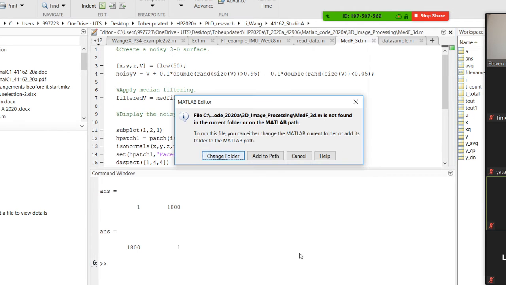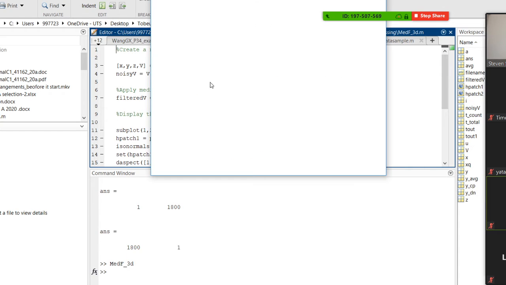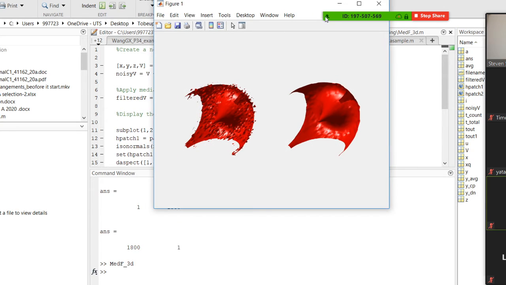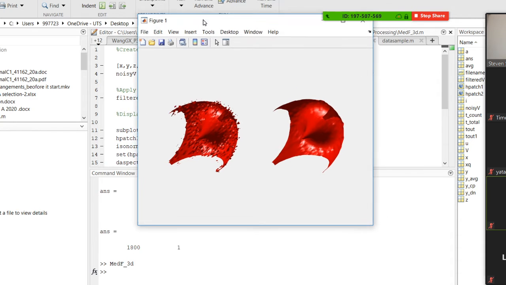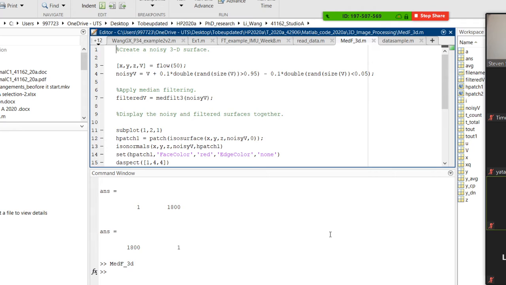I can run this one. I implemented this 3D median filter. So the median filter is powerful, but it's very simple. You don't need to learn any frequency analysis, no need to learn FFT, no need to learn wavelet. You just use a very simple logic.